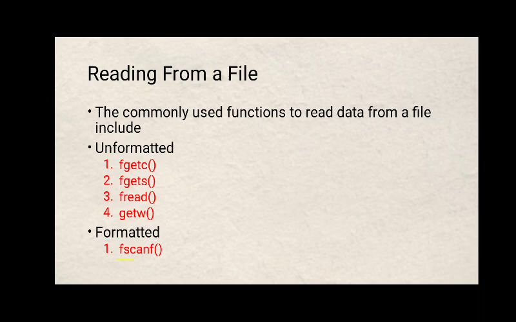And in formatted, you have fscanf. fgetc is to get a single character from the file, and fgets is to get a single line from the file. fread is to get an entire block of data from the file, and getw is to read an integer from the file. fscanf is similar to the scanf function in C programming, the only difference being that you are reading from the file instead of from the console. Now we'll see each function in detail.